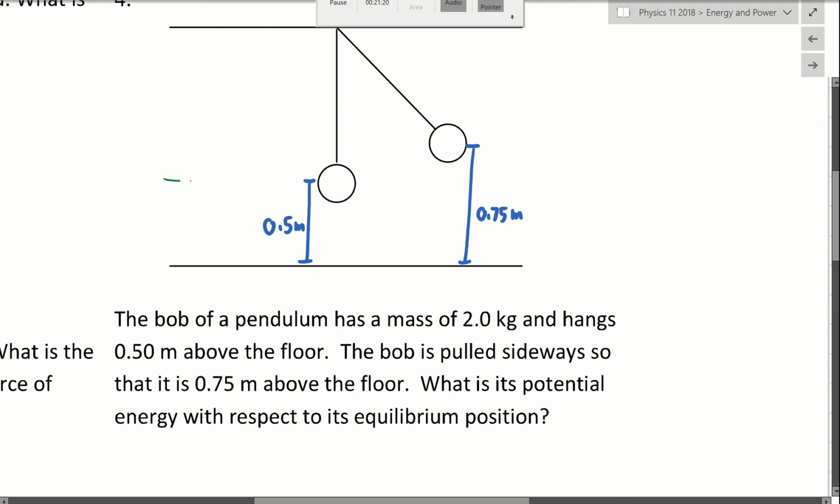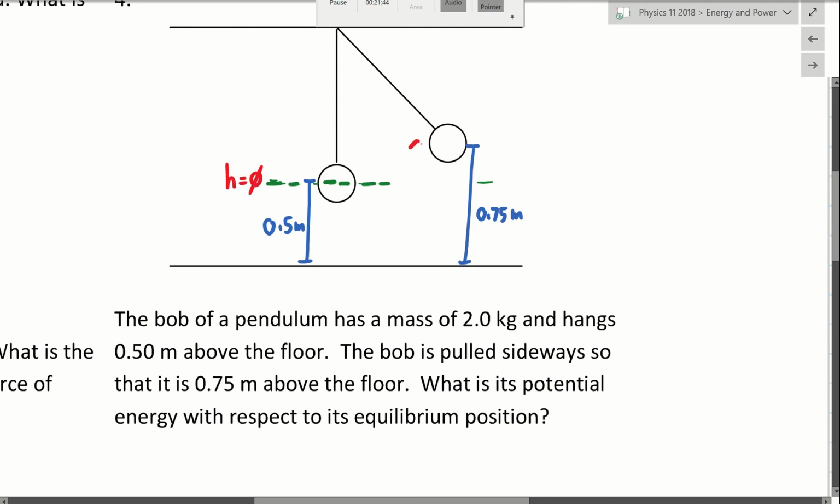Equilibrium position means at rest, when it's sitting there nicely. This green line is the equilibrium or at-rest height of the pendulum. If no one is pushing it, this is the location that it will stay in forever. So with respect to that, set height equal to 0 at that point.